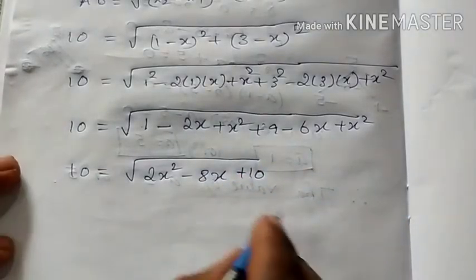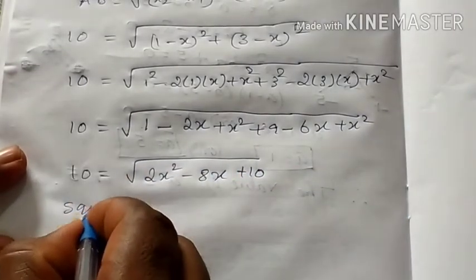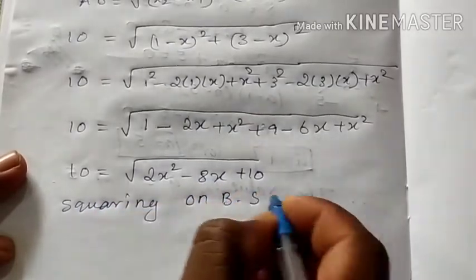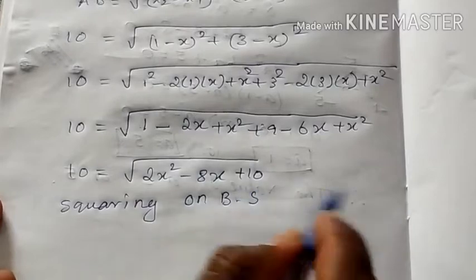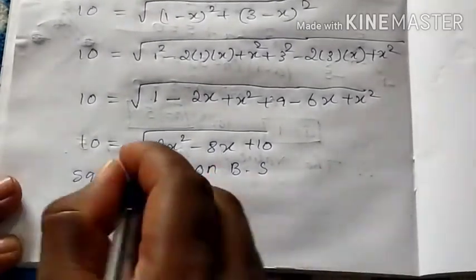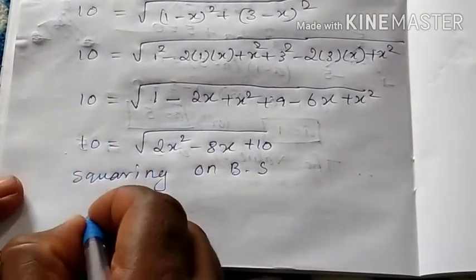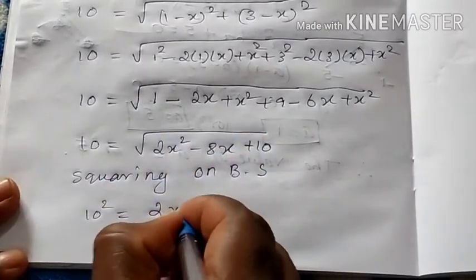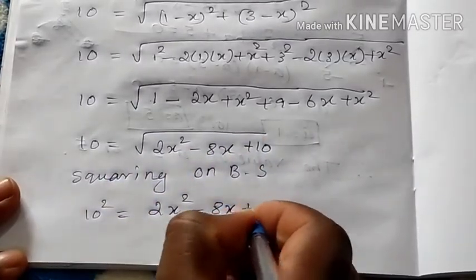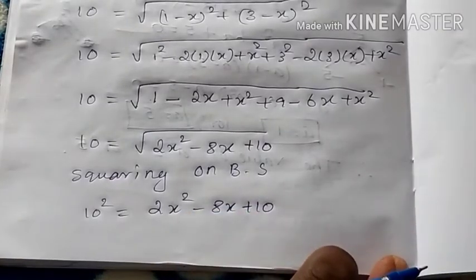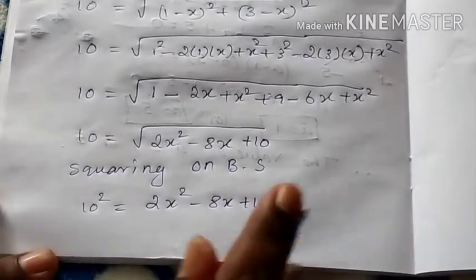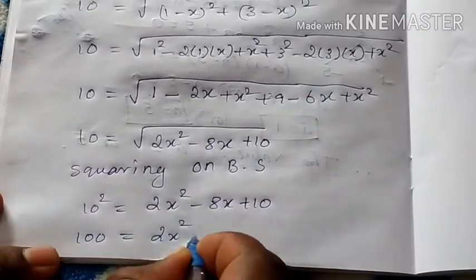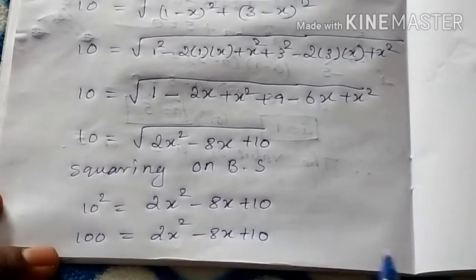Then squaring on both sides. Squaring both sides, so 10 squared equals, the square and square root are cancelled, 2x squared minus 8x plus 10. Then expand the value. 10 squared is 100, which is equal to 2x squared minus 8x plus 10.